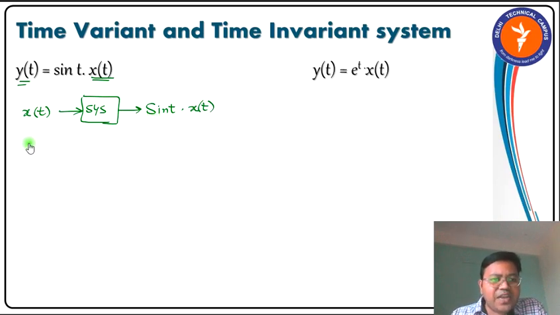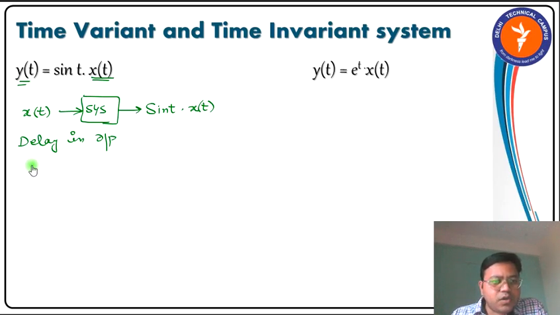So if I calculate the delay in output, whatever time we have here in the equation, I will delay this time with t minus k.